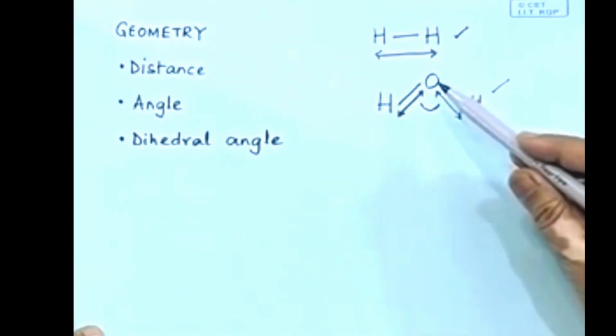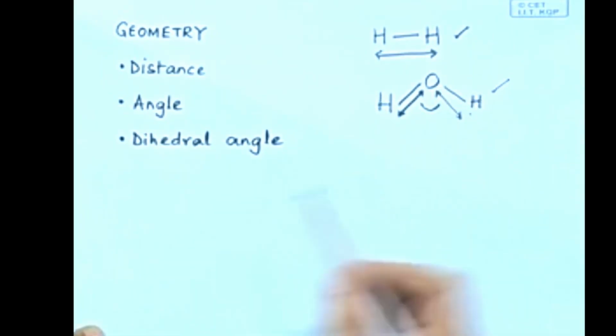Is that clear? Okay. So when you have a diatomic molecule, the distance is fine. If you have a triatomic molecule, what do you need? You need two distances and an angle.